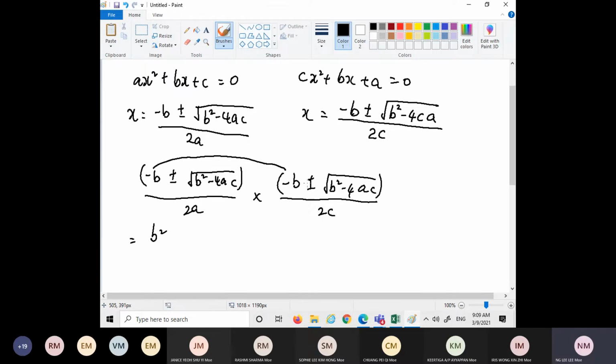B squared, plus minus. I have to assume in this way: 1 plus and 1 minus. Only then will I get the answer.